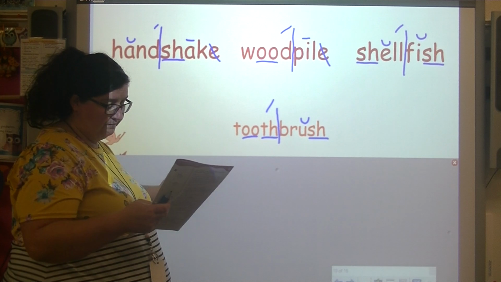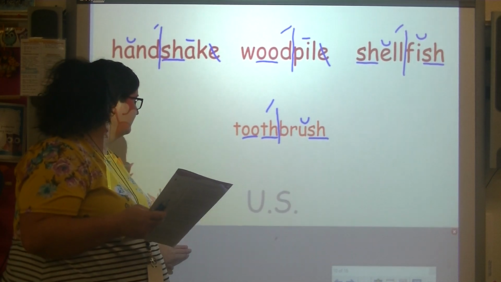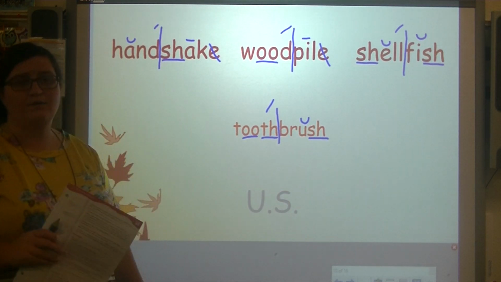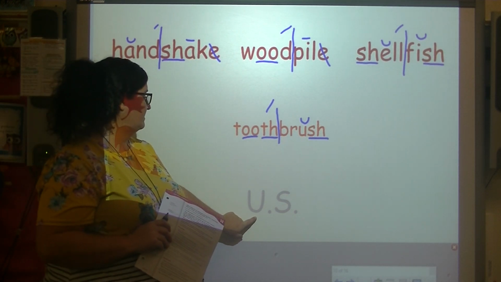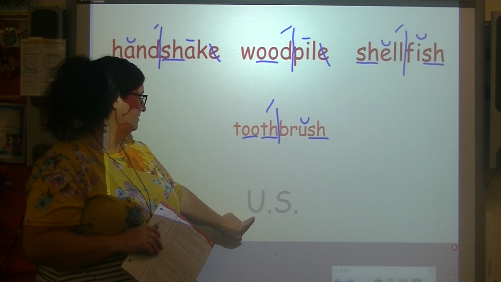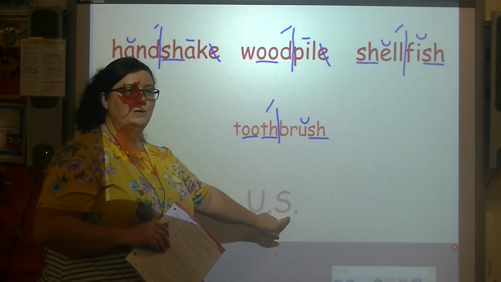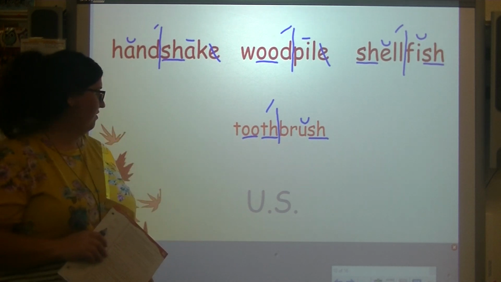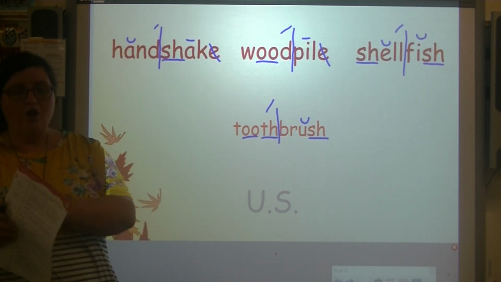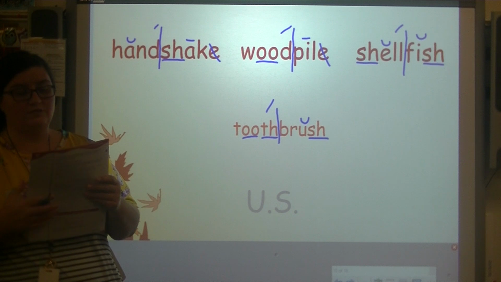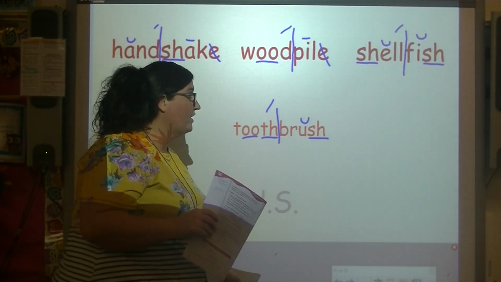All right. Now, let's look at one more thing while we're looking at coding. Now, look at this. Read this. U.S. All right, you notice it has dots by it. All right, those are initials. It's an abbreviation.